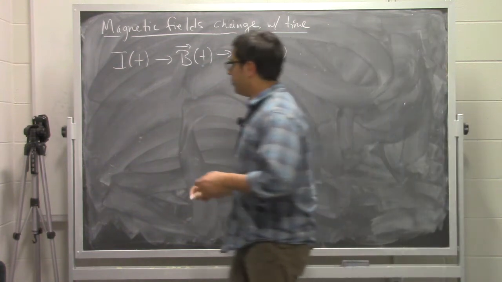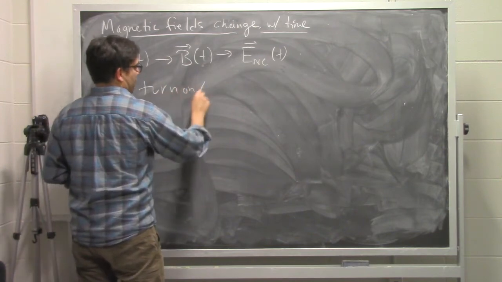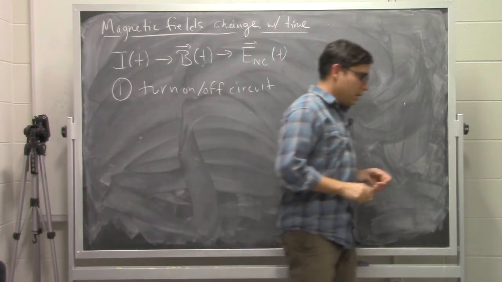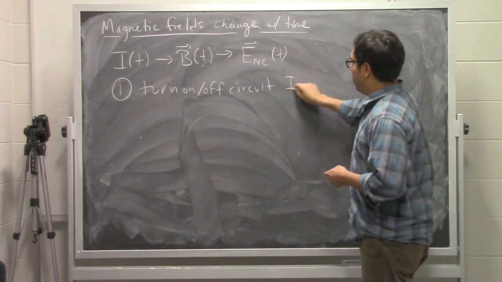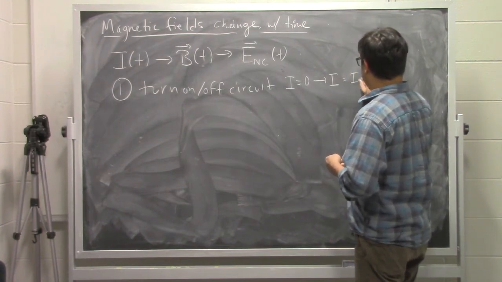The two common examples that we have are turning on or off a circuit. When you turn on or off that circuit, essentially you go from no current to some current after some amount of time.